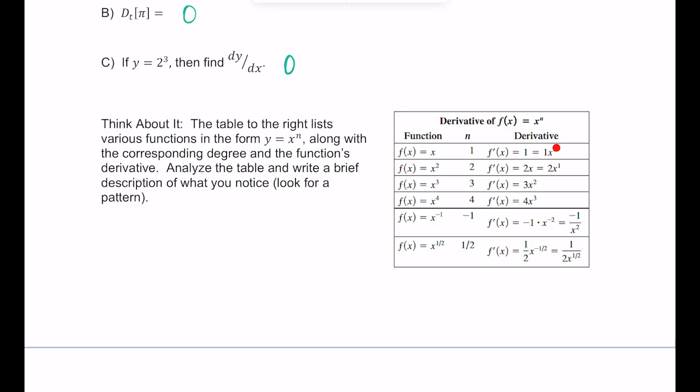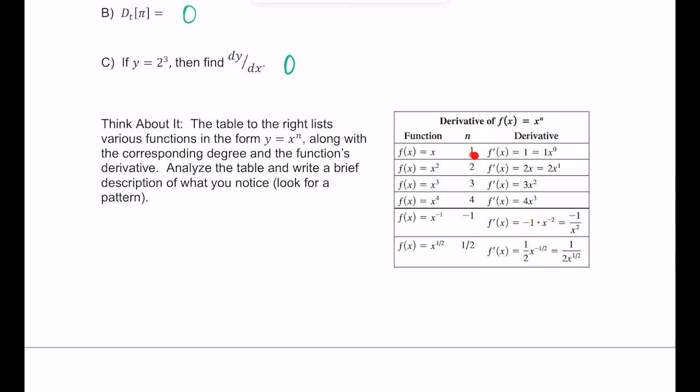So, for instance, if I multiply this power times that coefficient, 0 times 1 gives me 0, right? So 0 times anything is just 0. So the derivative of a constant is just 0. Okay, so here we have f of x equals x. And the degree is 1.